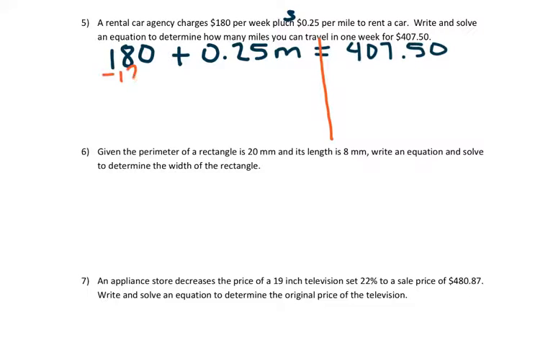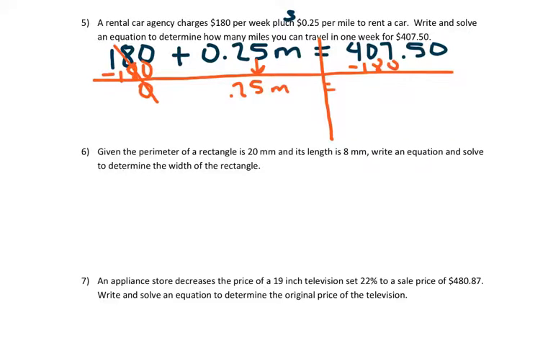So we're going to subtract 180 from both sides. 180 minus 180 is 0, so that goes away. This 25 cents times m drops down, and 407.50 minus 180 is 227.50.